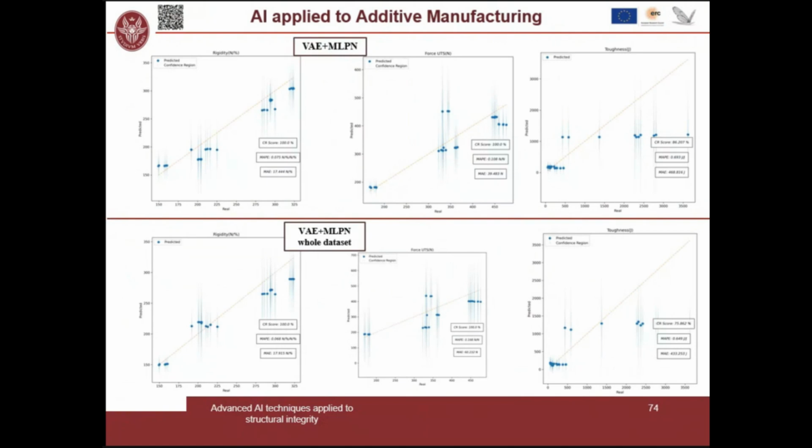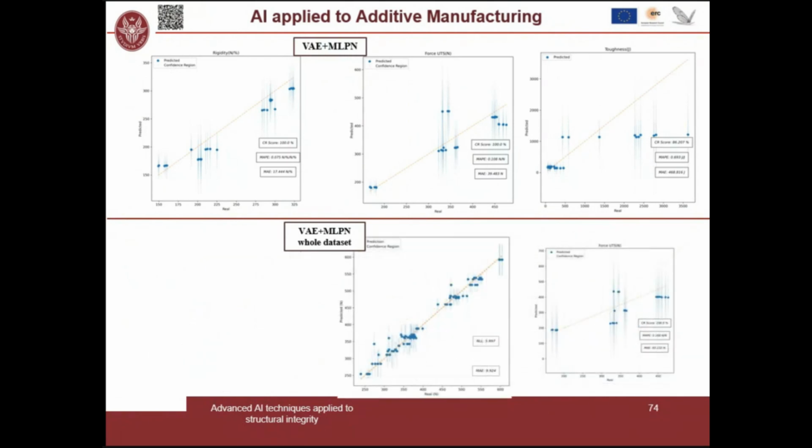But that is the prediction of the neural networks. And as you can see, those are very nice. Here on toughness, there were some problems, but it is not related to the neural networks, but it is related to the observations themselves. And in a few slides, I will explain why. And just as a preview, this is how it changed the prediction.